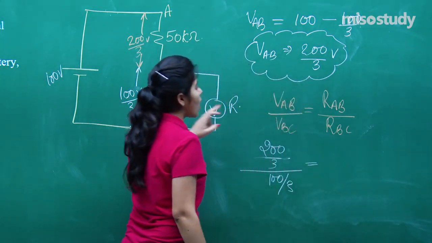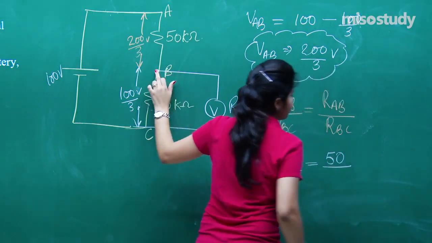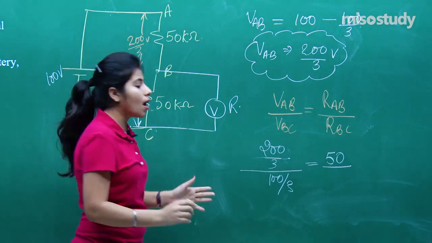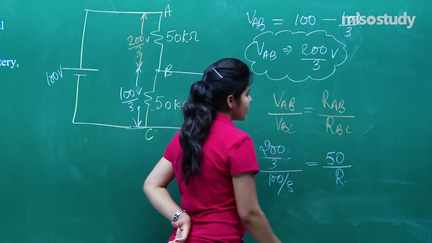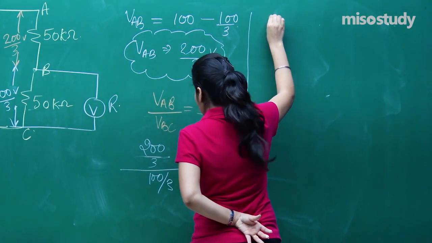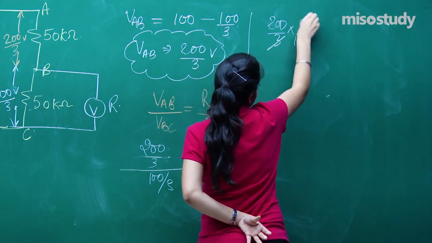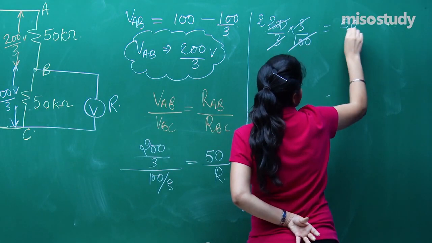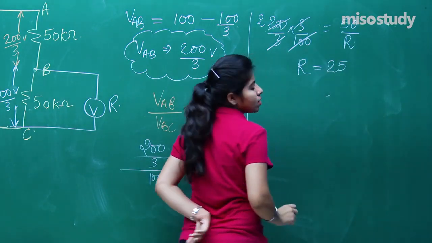That will be equal to RAB, RAB is 50 kilo ohm, and in place of RBC I am putting the equivalent resistance, say R. Now 200 by 3 divided by 100 by 3, so you will be left with only 2 equals 50 by R. So that means your R will come out to be 25, right?